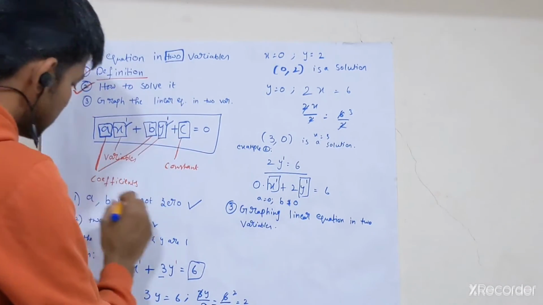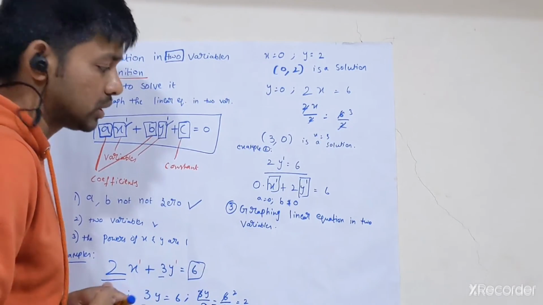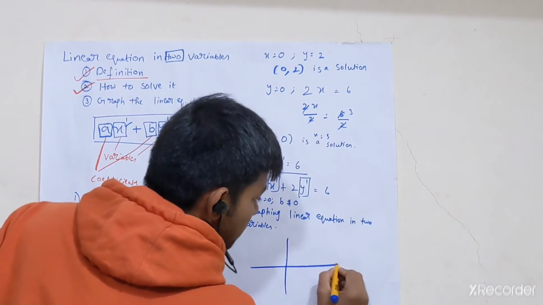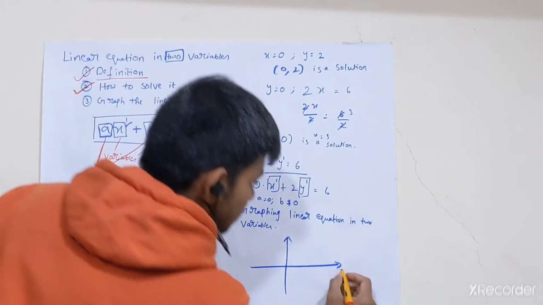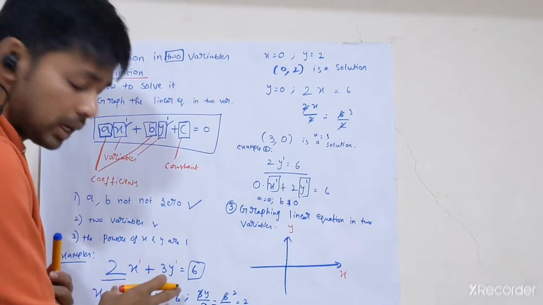Since there are two variables, we need a two-dimensional Cartesian coordinate system. For example, if you draw, this is x and this is y. So we'll graph this equation.